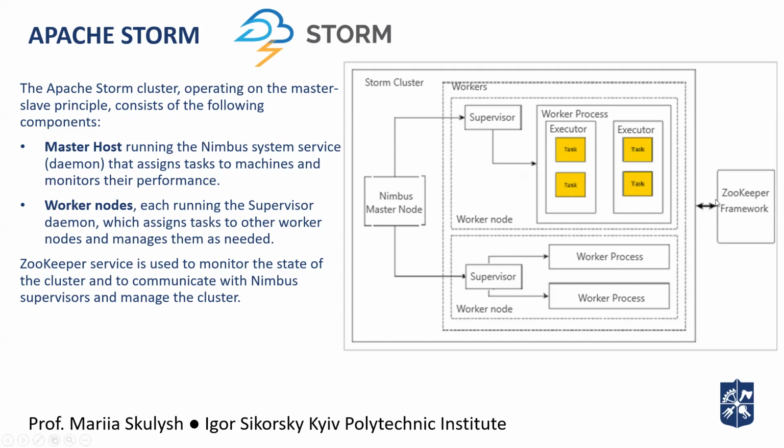You see that the supervisor knows how the worker processes work. Nimbus collects inside information about the work of the subsystem and sends it to the supervisor. That is all inside the cluster. From the other side, we have the Zookeeper framework. It also holds some statistics, a block that knows how it all works together.